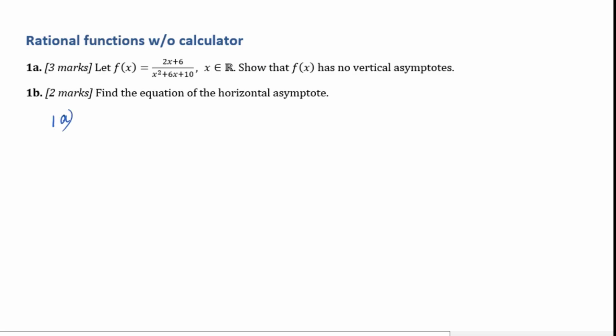If we want to prove f of x has no vertical asymptotes, we have to prove the denominator of f of x cannot be equal to 0. So for x squared plus 6x plus 10, we will change into vertex form, y equals a times x minus h squared plus k.